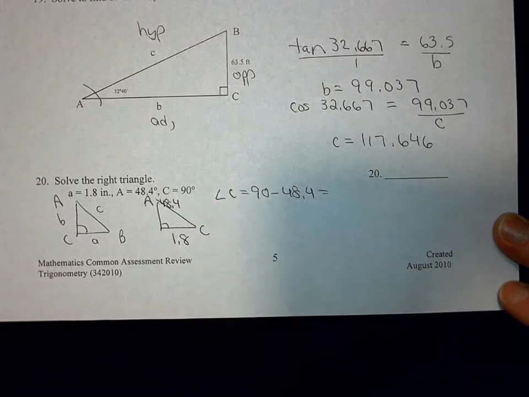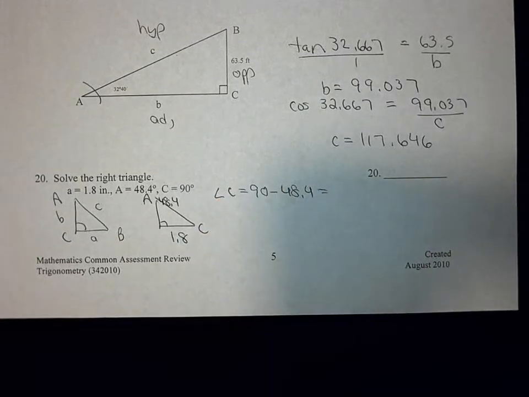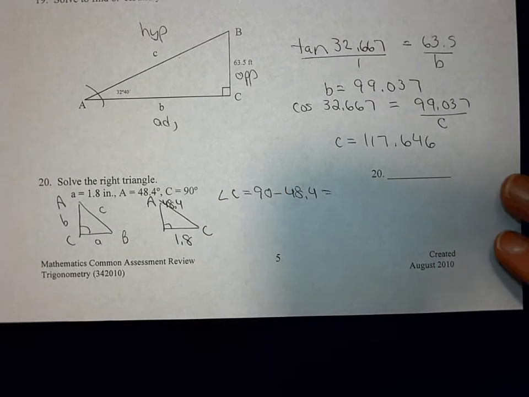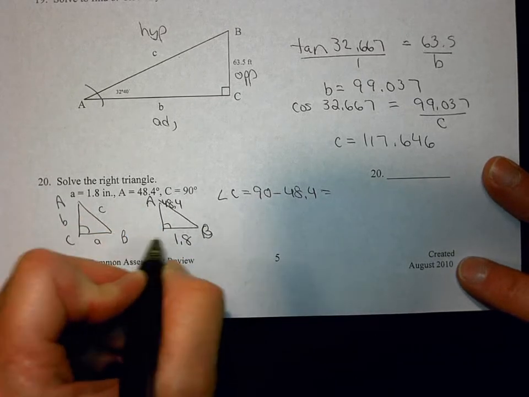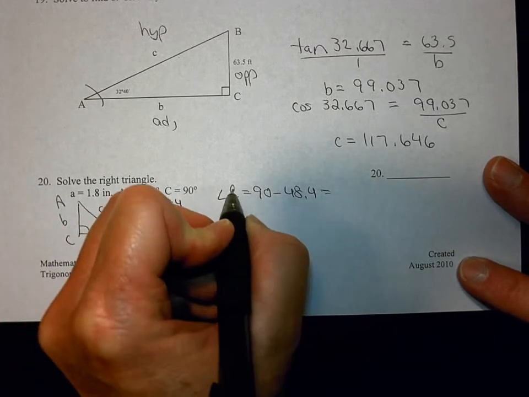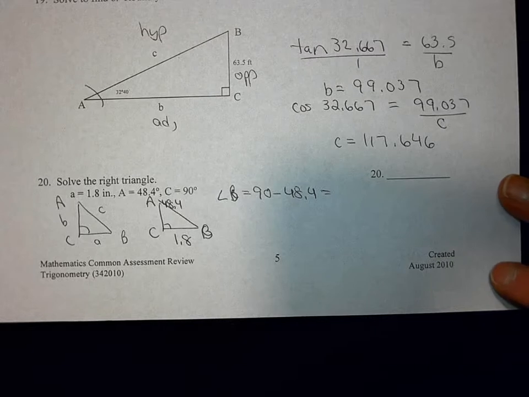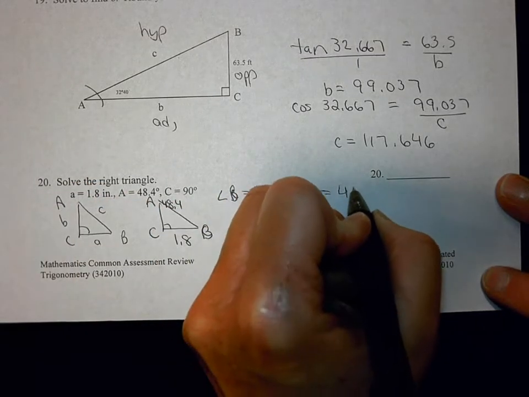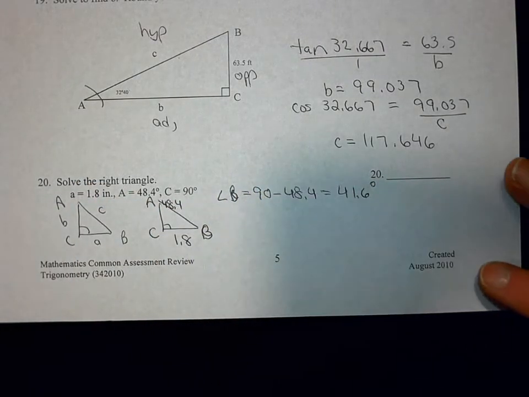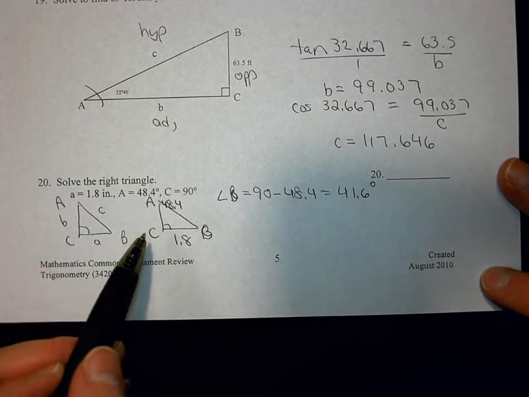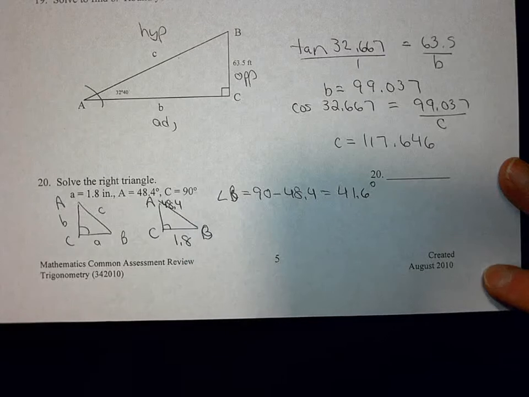So angle C, excuse me, sorry, angle B is going to be 41.6 degrees. Okay, and then we're going to have to pick two functions to find both this piece and that piece.